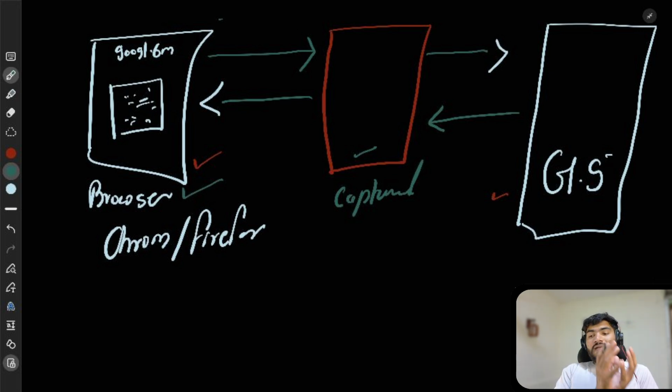So if anything is going in between, it will just make one copy in the bowl. Okay, so that's it. So that's why all traffic which is going from our browser to the Google server will be captured in Burp. So that's basically the function of Burp. Okay, that's the main core concept of Burp.